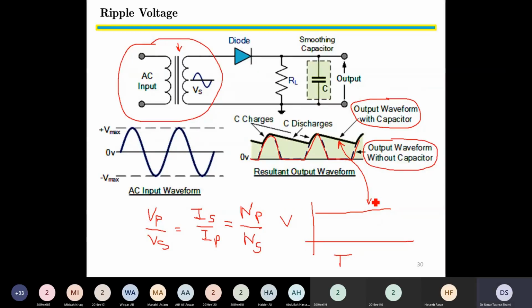If we disconnect the capacitor, then we will again get the half sine wave DC voltage, which has increased the ripple voltage. When we connect the capacitor, then we will find that the ripple voltage has now decreased.